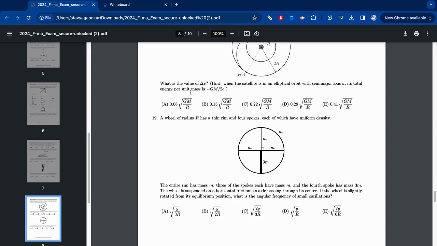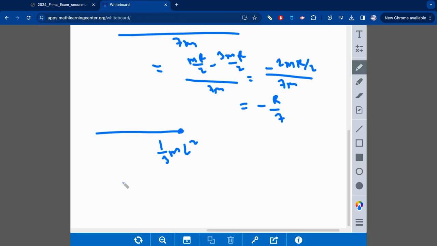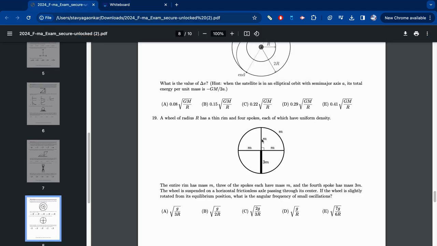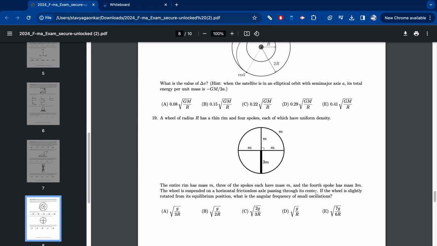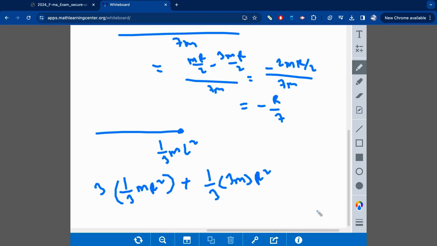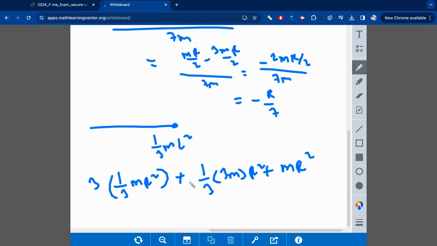So for these four, it would just be 1/3 m r squared, times 3 because there are 3 of them, plus 1/3 times 3m r squared for this one. And then for the wheel, it's just mr squared by the definition of the moment of inertia of a hoop. So if we add these up, we get 3mr squared.